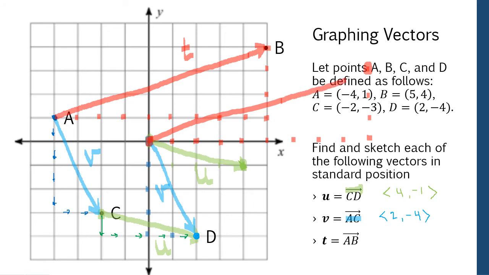And that's a little crooked, but that approximately represents vector t in standard position. And since that terminal point is 9 units to the right and 3 units up from the origin, (9, 3) would represent that vector in standard form.